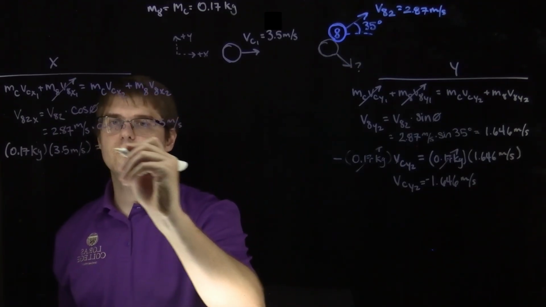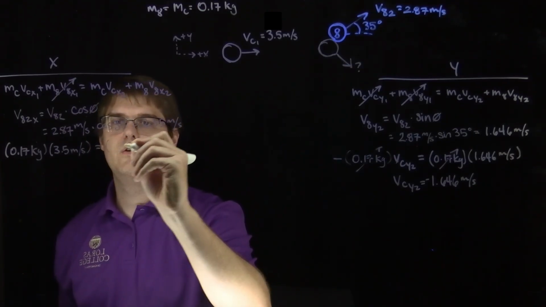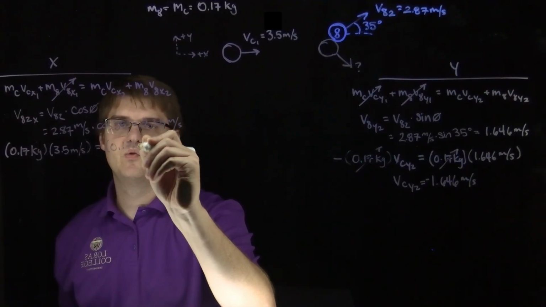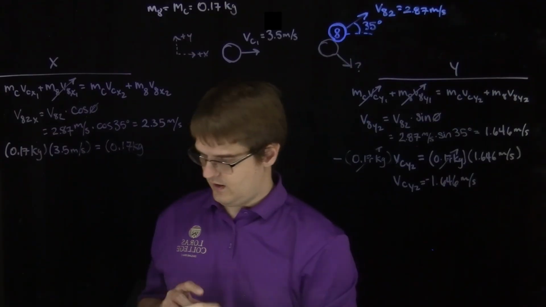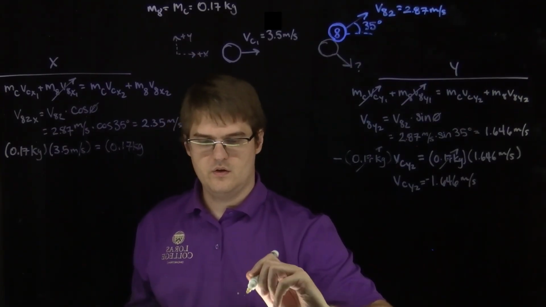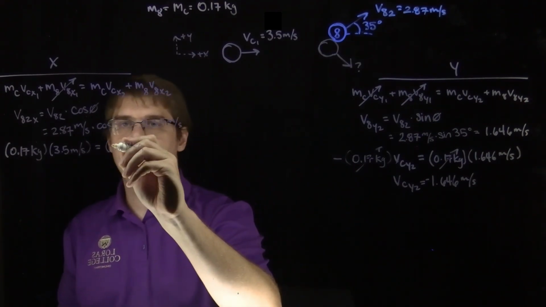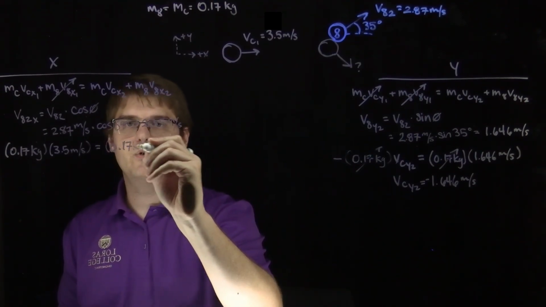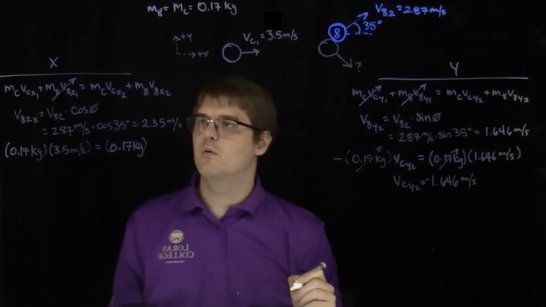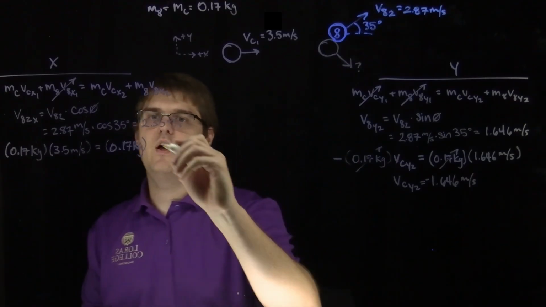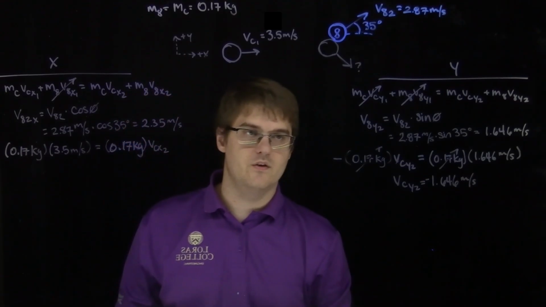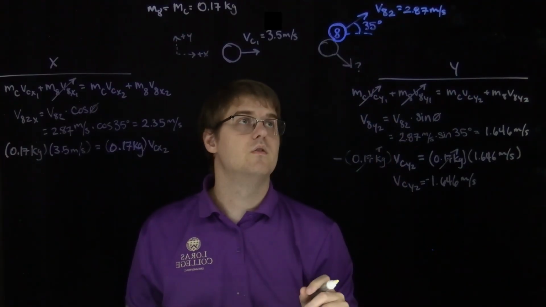is going to be equal to the mass of my cue ball afterwards, which is still 0.17 kilograms. We're running out of usable marker ink here. 0.17 kilograms, and my velocity of my cue ball in the x at time 2 is what I want to know because I want this overall piece.